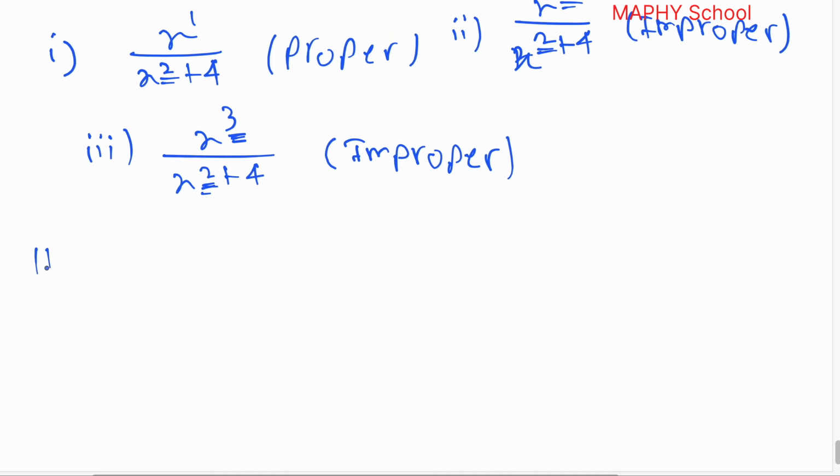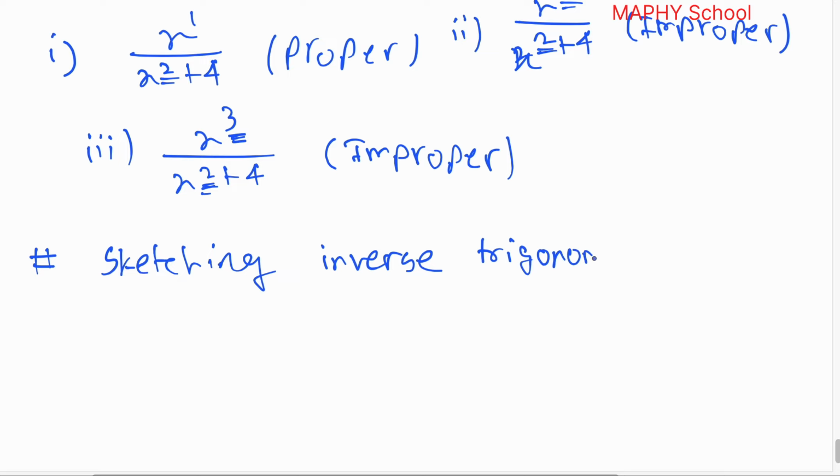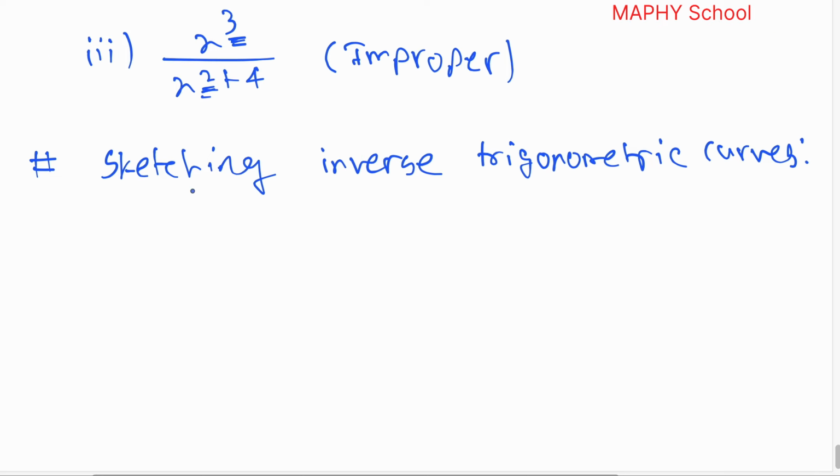Then we go for sketching inverse trigonometric curves. Okay, so first of all we have y equals sin x. For an inverse, the function must be what?